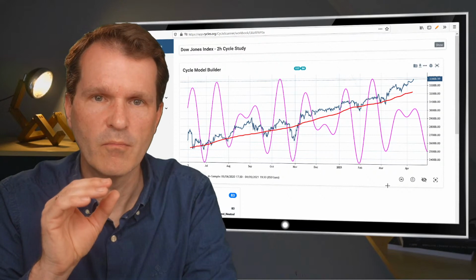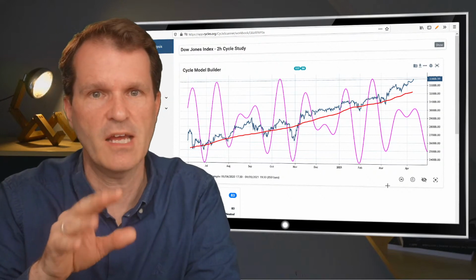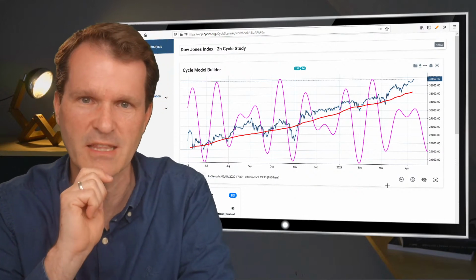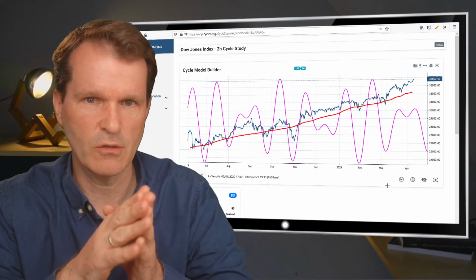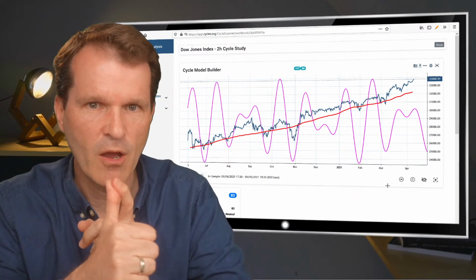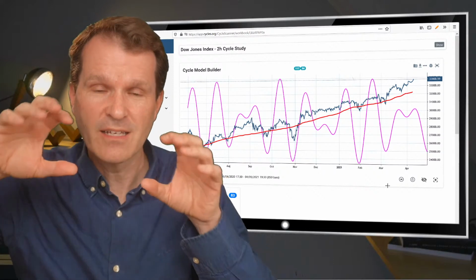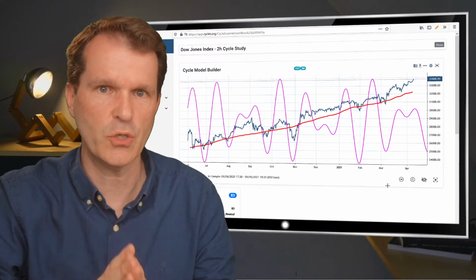So therefore I said, be careful now, even though we might have a down projection. I mean, taking down projections in uptrends is anyhow a risky setup, but this is up to you how you take this analysis. But in this kind of setup, it's more promising to look, if we are in an uptrend, when is the next cycle swing taking place in the direction of the main trend.